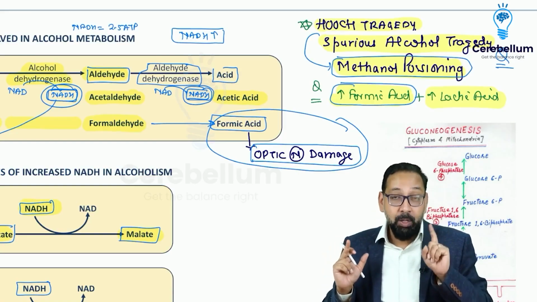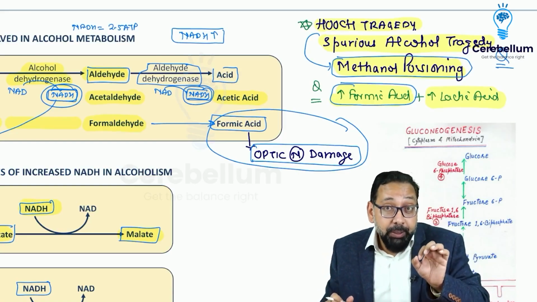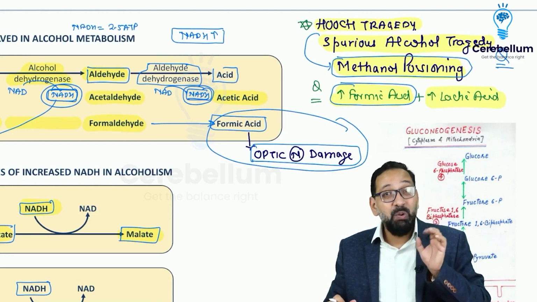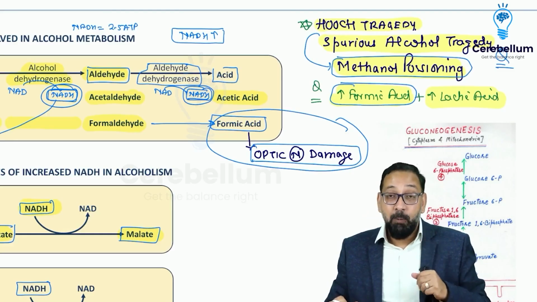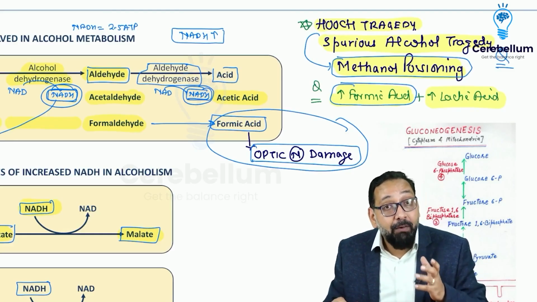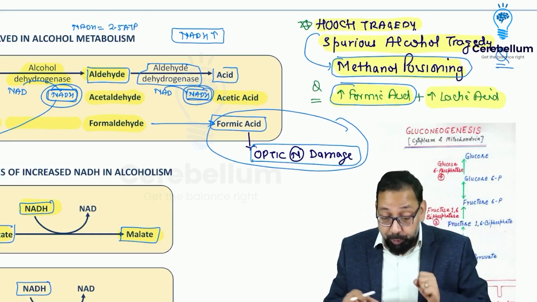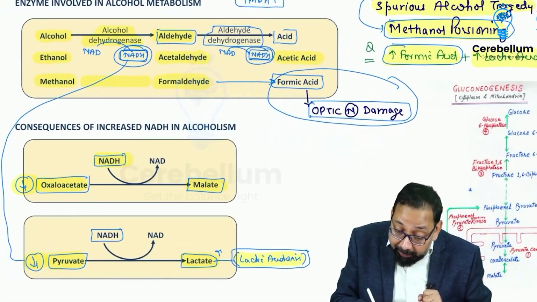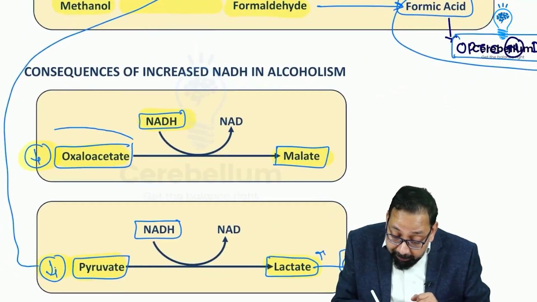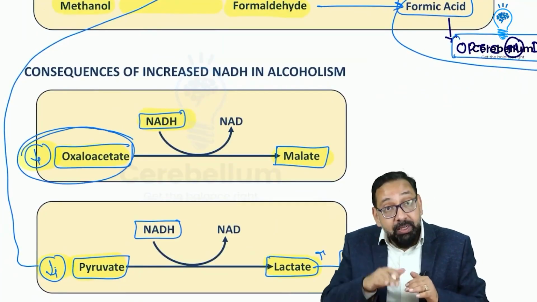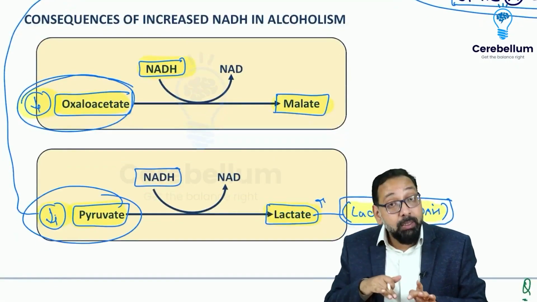One question. If this patient comes to emergency, he is not taking proper diet, and now he is having hypoglycemia. Why does an alcoholic patient have hypoglycemia? I just told you an alcoholic patient will have increased NADH. When NADH increases, it binds with oxaloacetate, so oxaloacetate will decrease, and pyruvate will decrease.